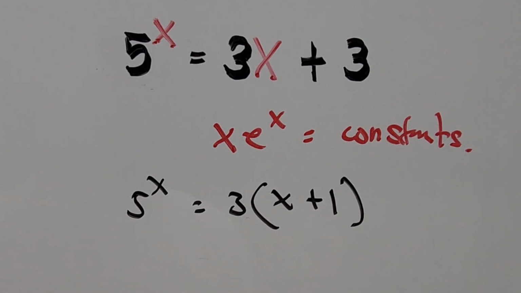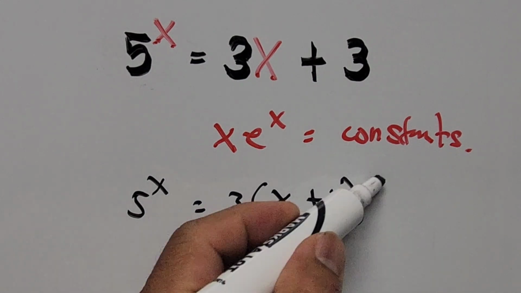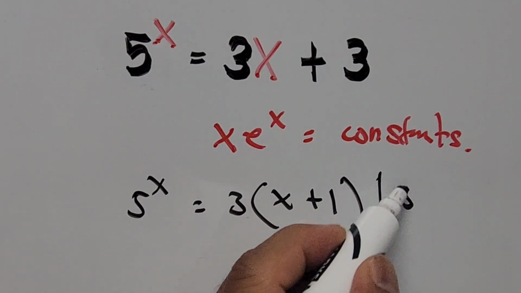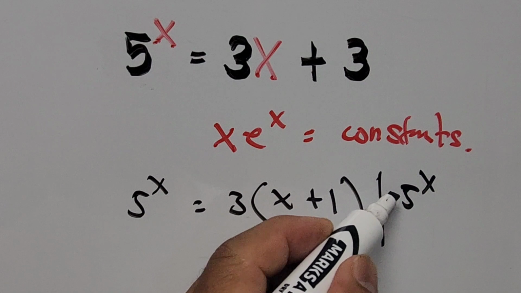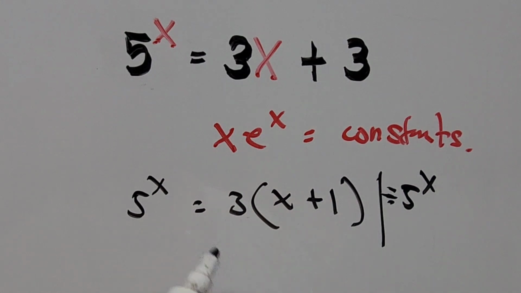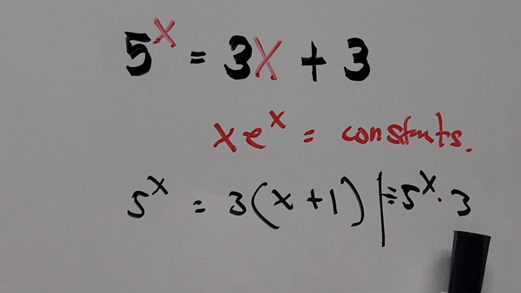If we move this 5 to the power of x to the right hand side, then we'll be dividing the whole equation by 5 to the power of x, right? And taking the constant to the right, that means we're dividing it also by 3, right? The whole equation will be divided by 5 to the power of x times 3.